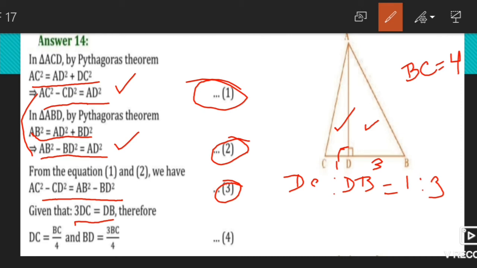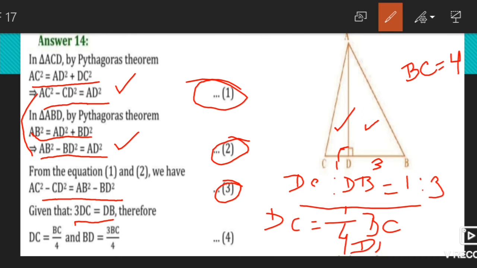So from the ratio property, DC is equal to 1/4 of BC, and DB is equal to 3/4 of BC. That's why I'm writing DC is equal to BC by 4 and BD is equal to 3BC by 4. Mark this equation as 4.